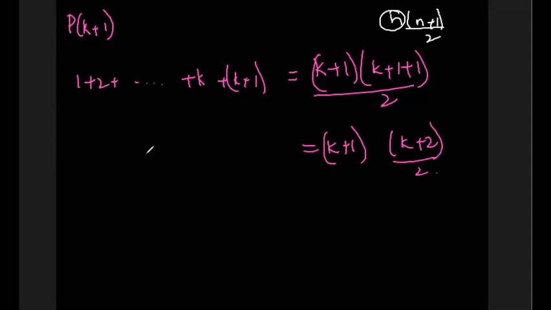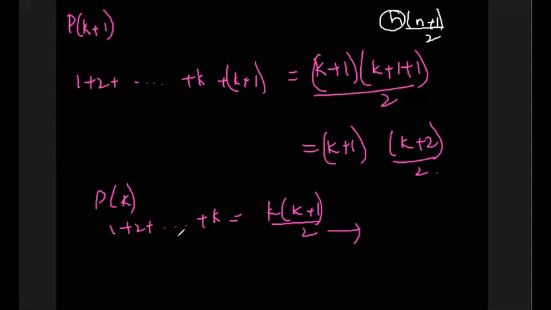Now how should we proceed? We have our P of k, which is 1 plus 2 plus and so on up to k is equal to k into k plus 1 by 2. This is our P of k, which was assumed as true. Now to this equation, add k plus 1 on both sides.